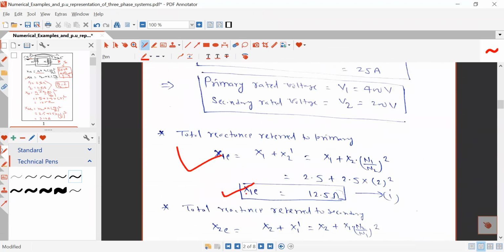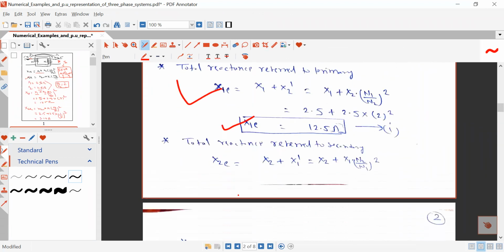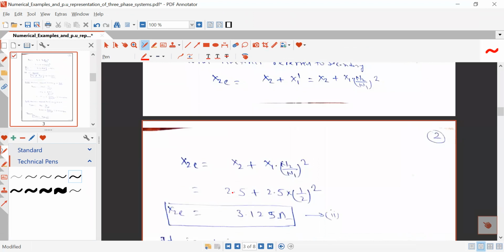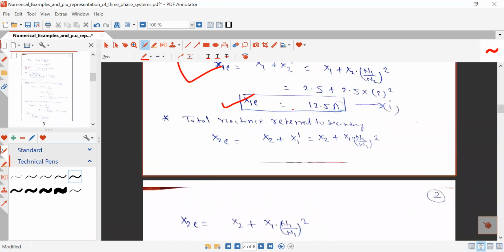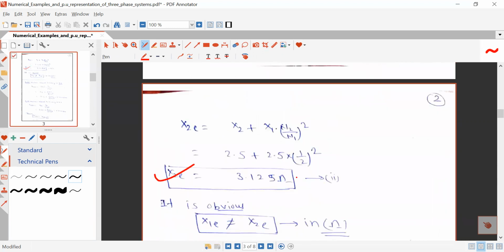So in this way you can calculate the total reactance referred to the primary, and the total reactance referred to the secondary. So in ohm, if total reactance is calculated referred to the primary side, it will be 12.5, and total reactance of the transformer when referred to the secondary side is 3.125.